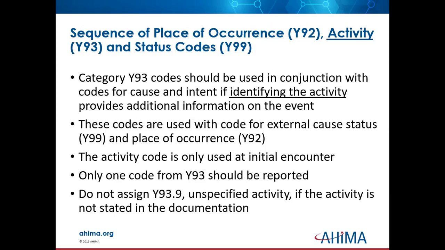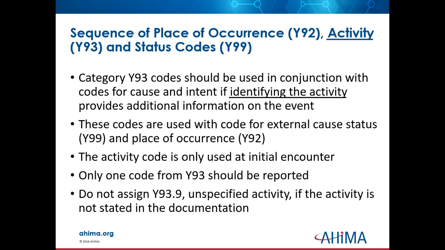Y93 codes are the activity that follows the place, right? Back to our PAS acronym. These are used in conjunction for the cause and intent if identifying the activity provides additional information. If it doesn't, don't use it. These codes are used with the code for the external cause status and place of occurrence.